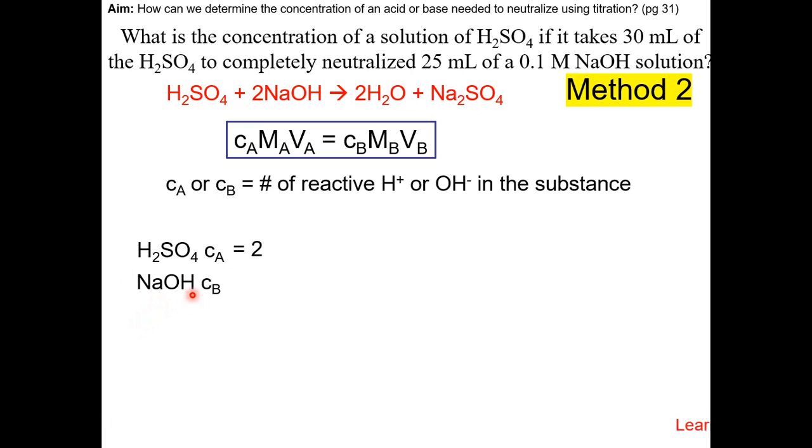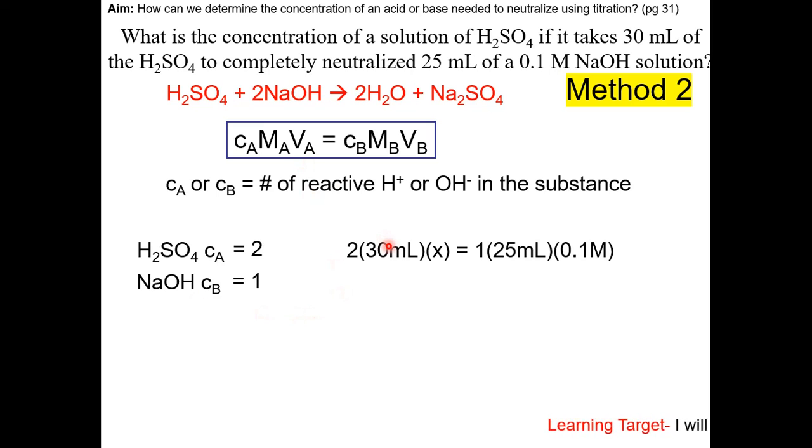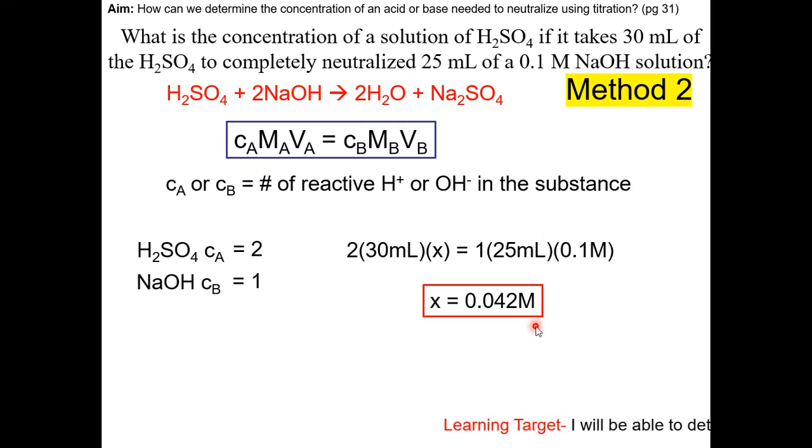For sodium hydroxide, it is monoprotic, so it only has 1 active hydroxide ion. Next, we plug into the equation and we're solving for the molarity of the acid. We get 0.042 molar, which is the same answer as the first method. So you can use either method on the exam and on the Regents.